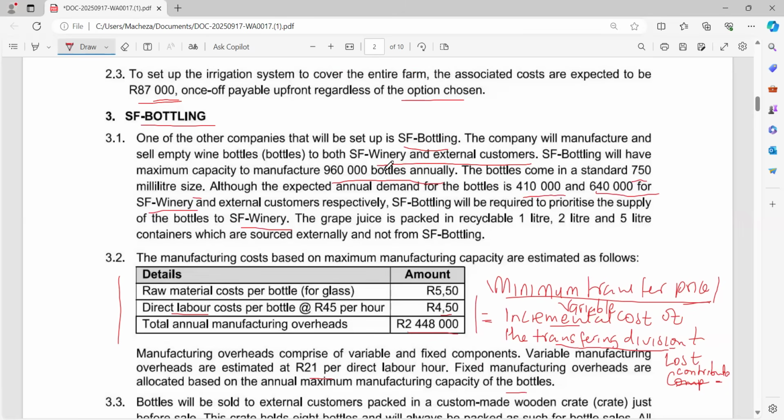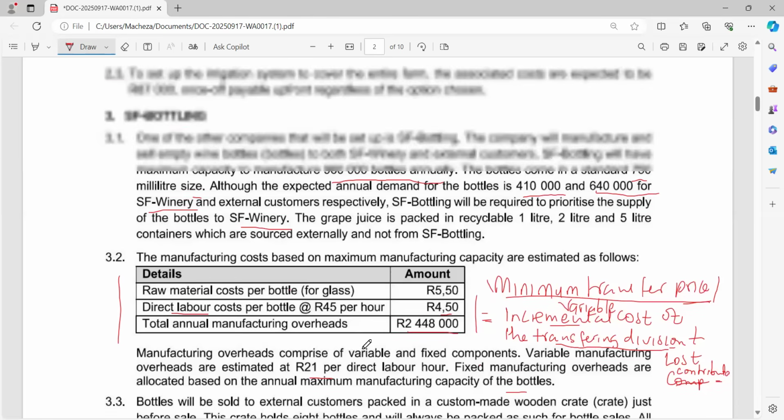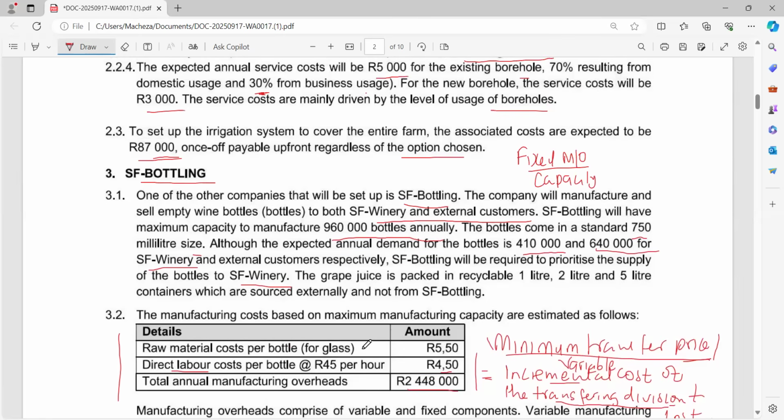When you allocate using the annual, we are going to have our fixed manufacturing overhead over capacity. So that's how you are going to allocate your overheads to product. You should also know most of the methods that are used to allocate fixed manufacturing overheads. It might be capacity, it might be based on labor hours, it might be based on machine hours. All those you should understand.